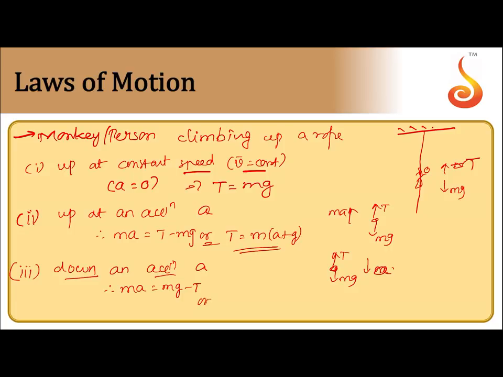Yes. Or what do we have? T = m(g - a). That is correct. So the tension becomes mg - ma. Now again, one more time, what if a is equal to g? Then the tension in the string becomes 0. Is that correct? Yes.